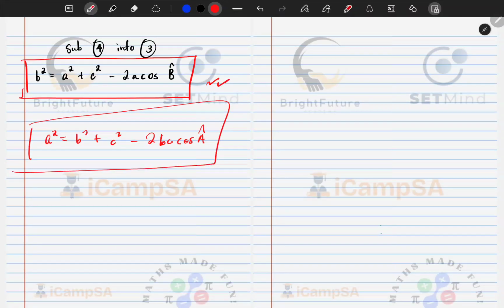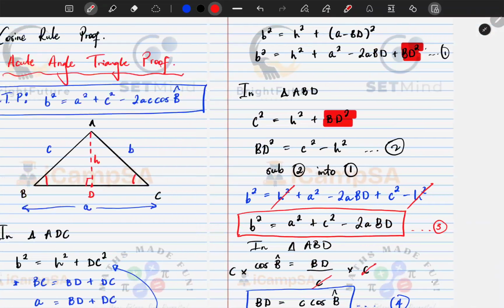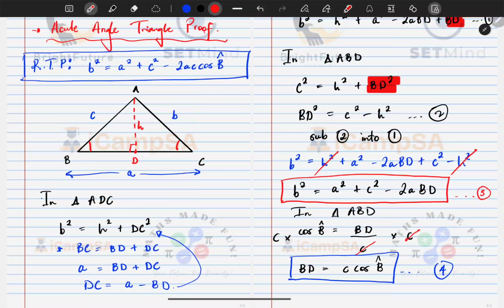You can still prove it in other ways, but just make sure that when you prove it in other ways, it still looks the same way as this, just that you name your triangle in different ways. Just be careful of how you name your triangles, especially when it looks different.